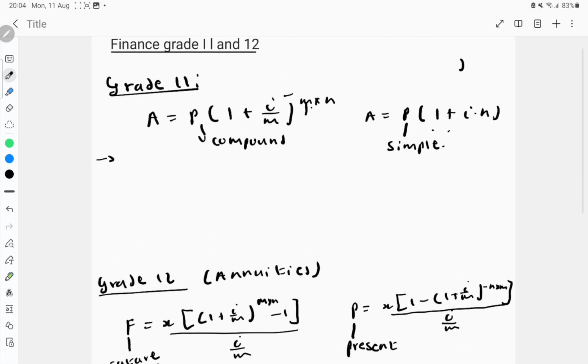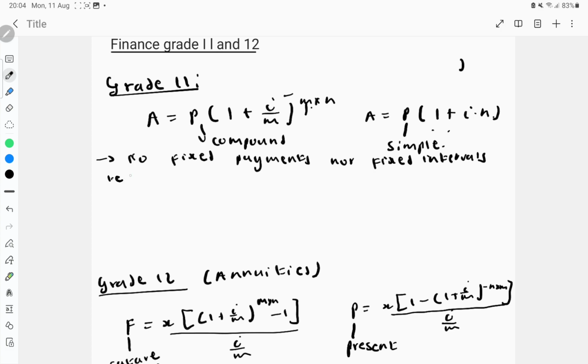While for the grade 11 formulas, you only use them if you have no fixed payment, no fixed intervals, or one of them can be fixed.